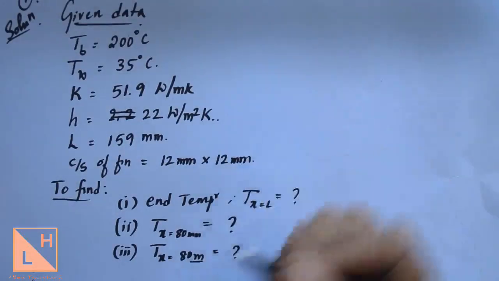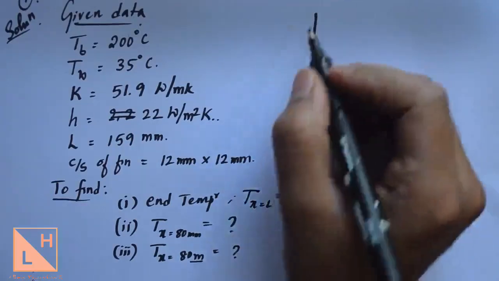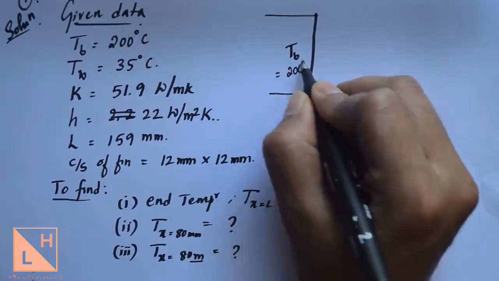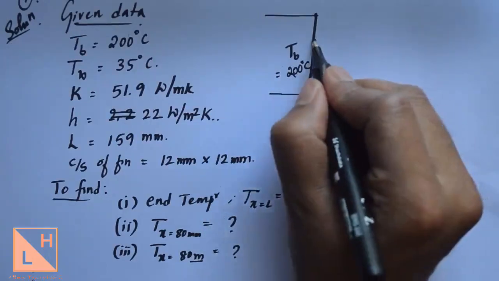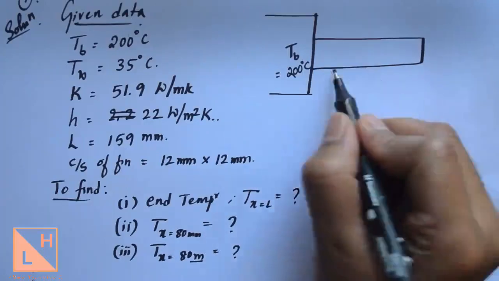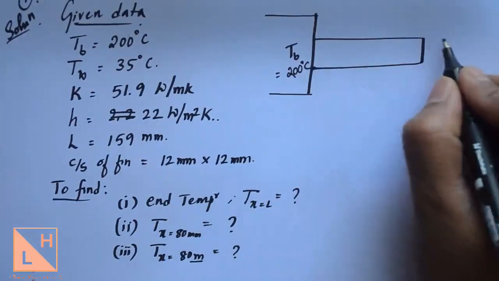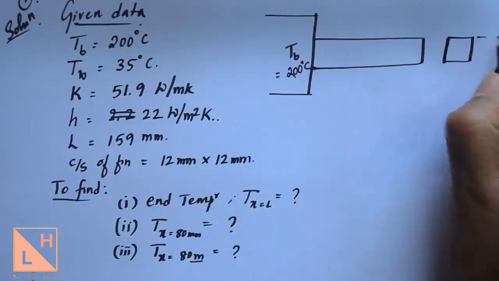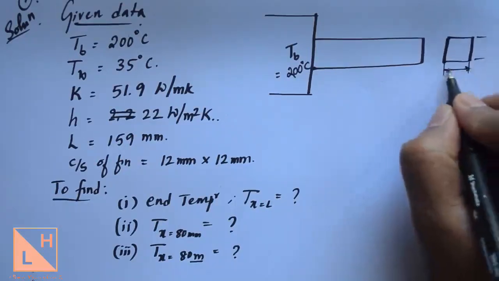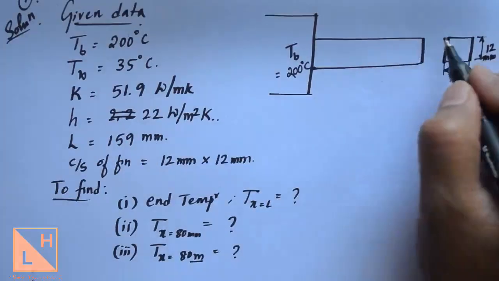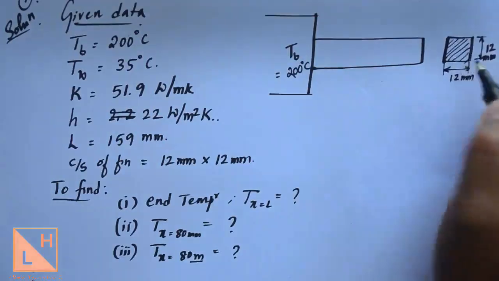We'll represent the whole thing in the form of a sketch. So we have the base of the furnace wall at 200 degrees Celsius. We have the fin, and the cross section of the fin is known as 12 mm by 12 mm. And then the data that are given are with respect to convection. The value of h is given, and the value of T infinity is given, which is the surrounding temperature, 35 degrees Celsius.